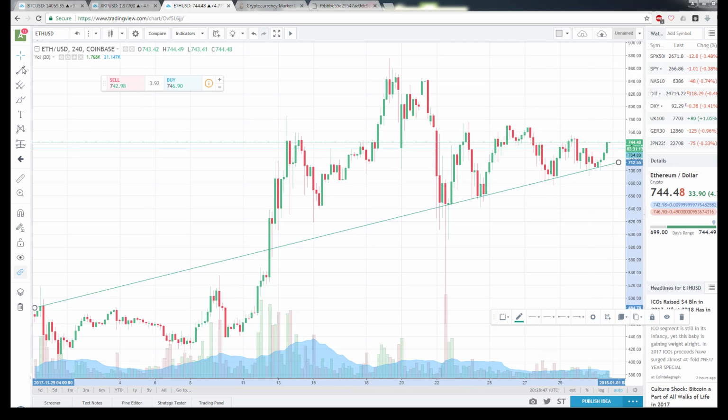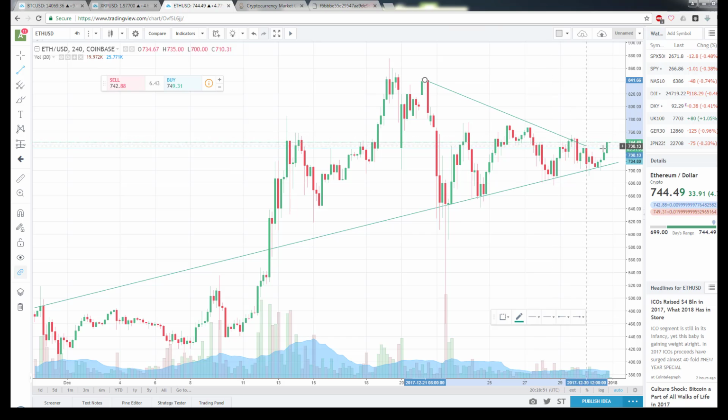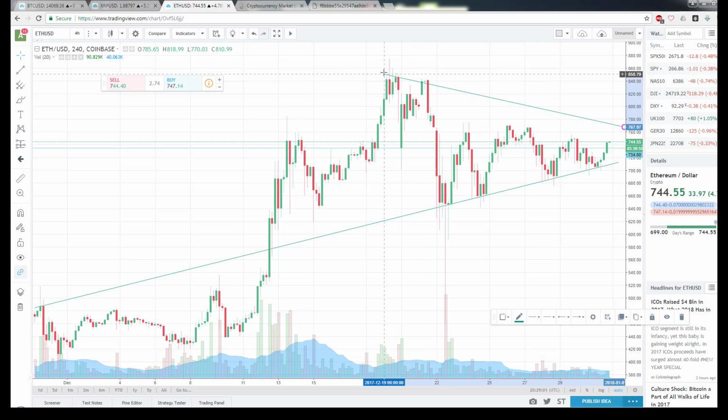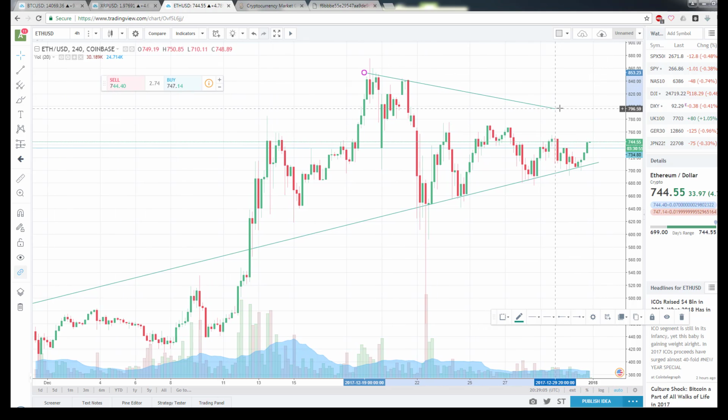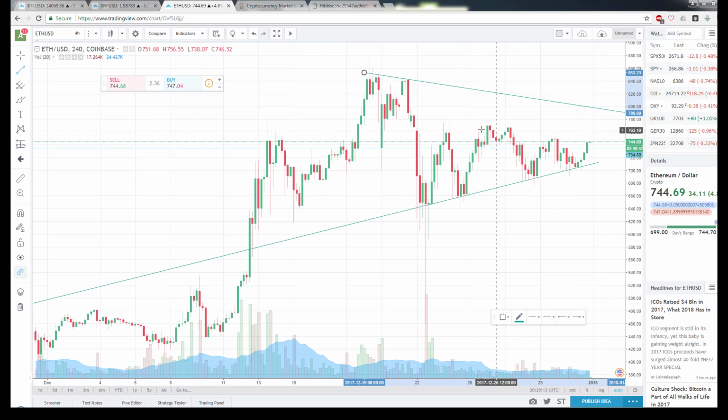Let's see exactly what it's doing, because we may just have a very good buy signal here for Ethereum. What am I doing? Okay, let's do the outer. It's like an outer trend line. Cool. Let's do an inner one right here.